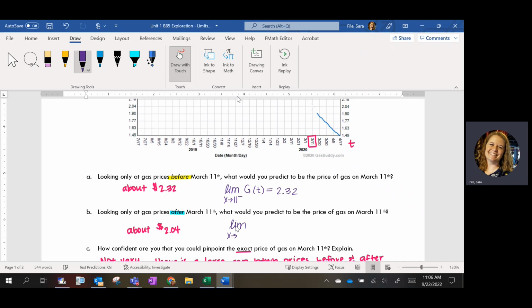We would write that as the limit as x approaches 11 from the right of g of t is 204. Again, if you're watching this as a video, your prices for your class may have been slightly different because these were estimates, and I let the class pick what they wanted to settle on as their estimate based on that graph. It would have been close to these numbers, but it might have been slightly off.